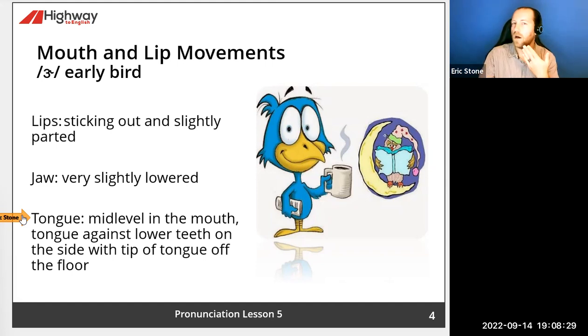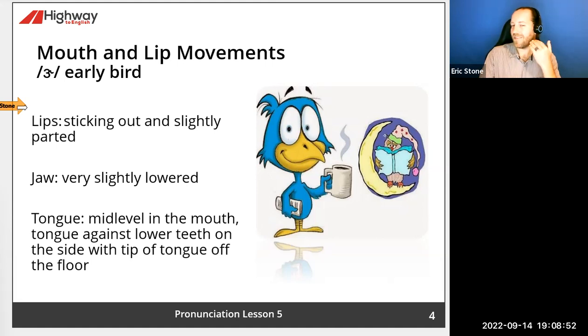So it's this shape, as in early bird, okay? And that's this sound. We use it a lot. It's pretty common in English, okay? So everyone practice that for a moment. Make sure that your lips are sticking out and they're slightly parted.